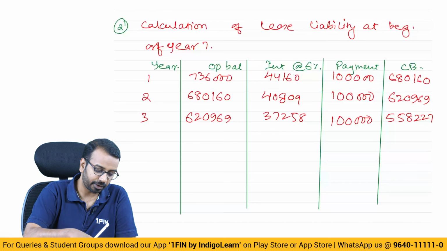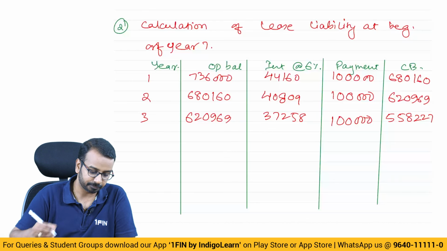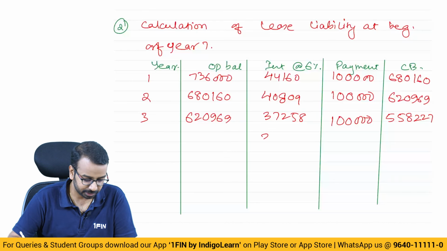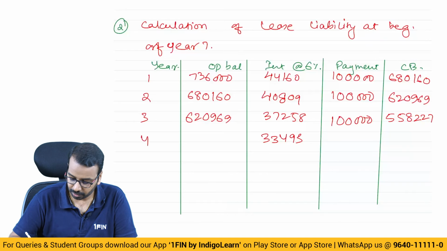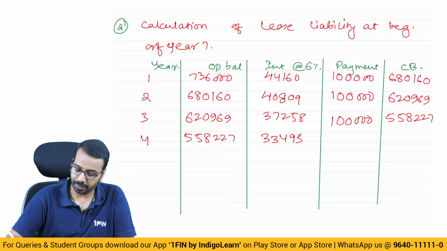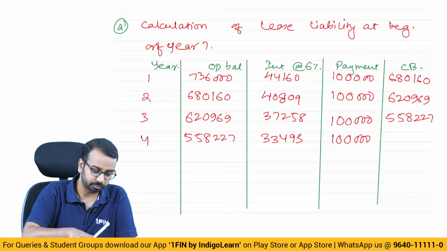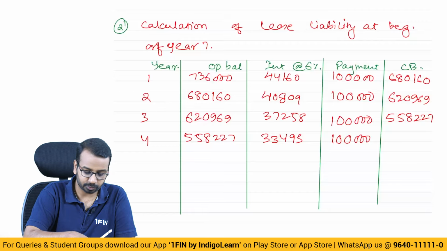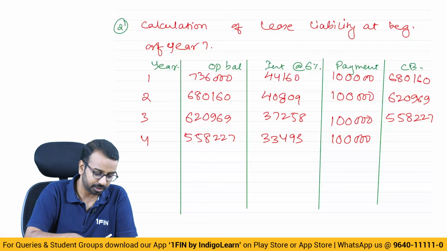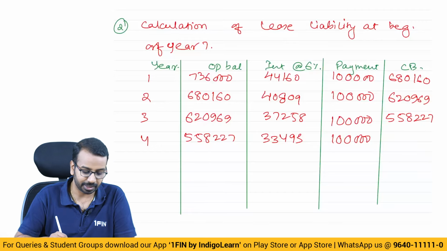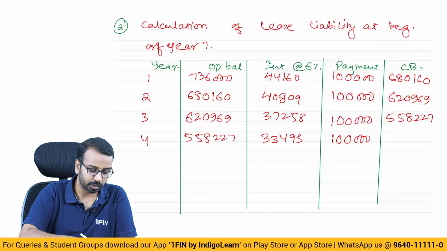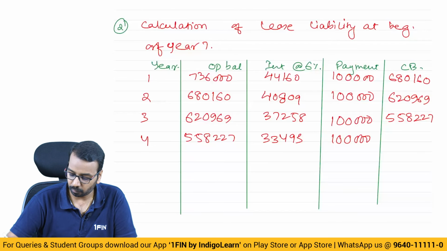Then year 4, 558,227 into 6%, 33,493. 558,227 plus 33,493 is equal to 591,720, minus 1 lakh, I get 491,720.